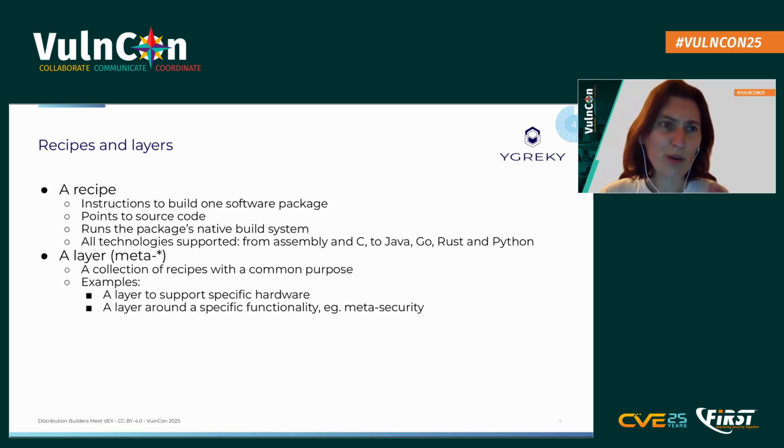So there are two important concepts before we get further. In the language of the Yocto project, a recipe is a way to build one software package. It may be a compiler, it may be a library, it may be an application, but it's one software package.